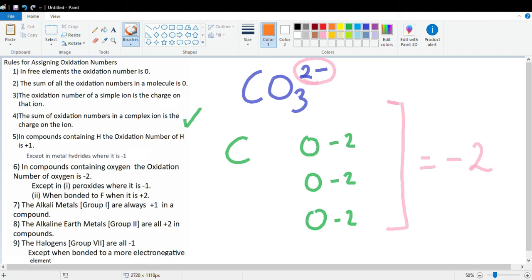So depending on how you're feeling about this, you can say that carbon is equal to X, and you can say X plus the 3 -2's is equal to -2, and you can solve that, or you might just be able to do it quickly in your head, and you will work out that the oxidation number on the carbon there is going to be +4. So +4 minus the 6 for the oxygens will give us -2. So that's us done with the carbonate ion.